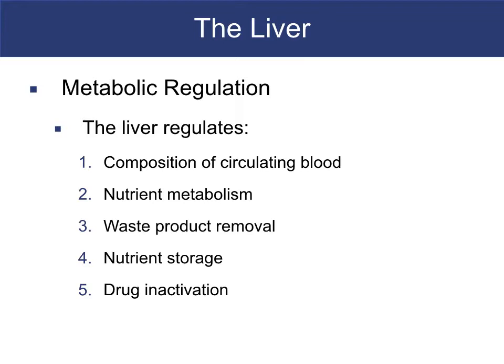So that's one of the things that's made in the liver and stored in the liver. And then, of course, our liver deactivates a lot of our drugs. That's a good thing and a bad thing. Just as a sidelight, Tylenol or acetaminophen can destroy your liver because it is totally broken down in the liver, and if you take too much of it, it can make you pretty sick.